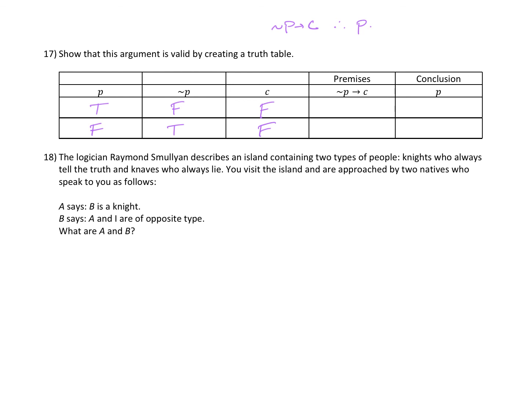Okay, so not P implies C. Remember, the only way to get a false in an implication is if the if part is true and the then part is false. So that happens here, true, false. So that's going to be false. And the other one is true. And then my conclusion is P. I'm just going to restate it here. And I need to look at the critical rows where the premise is true, so only this one.